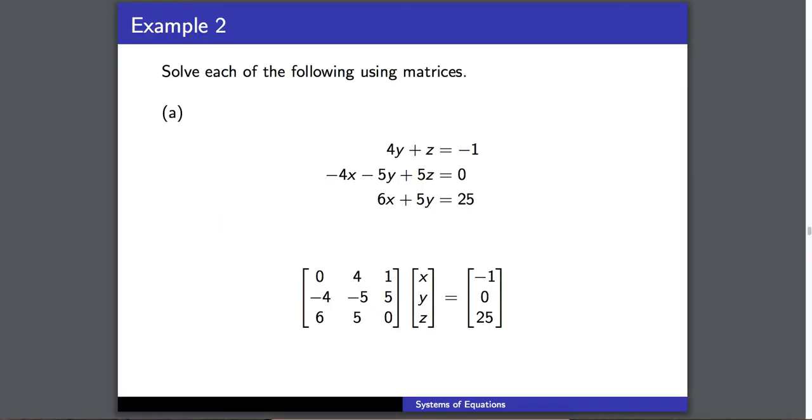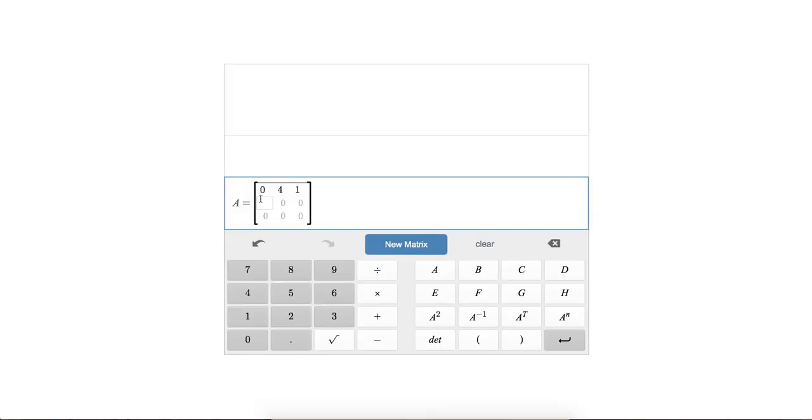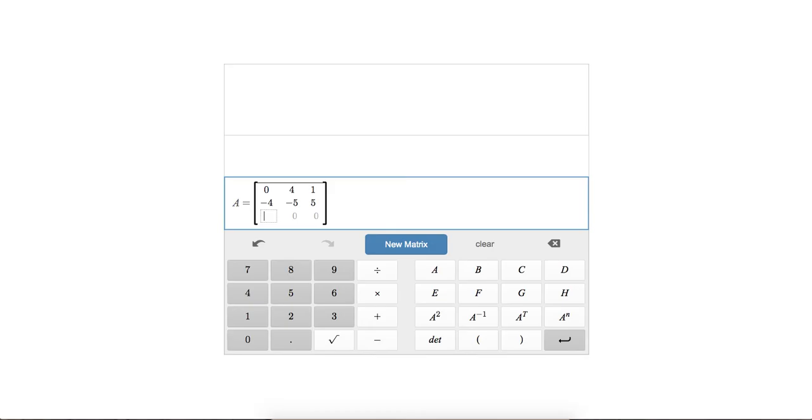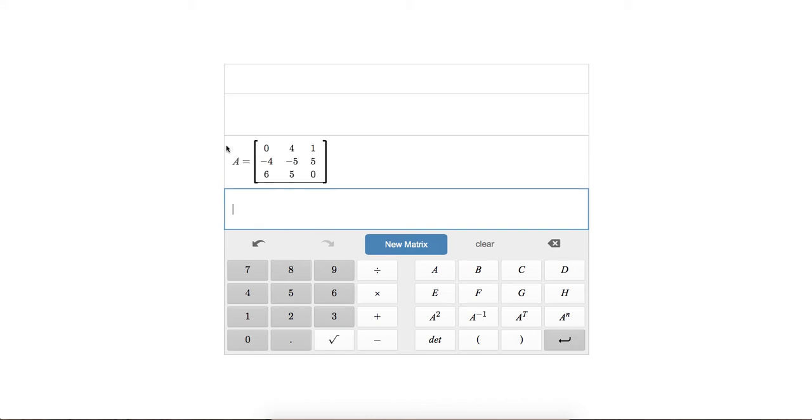And then in our next row, we have -4, -5, and 5. And then in our third row, we have 6, 5, and 0. So then we'll just press enter, and it's registered.